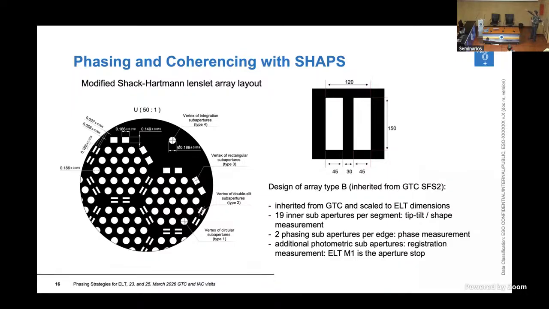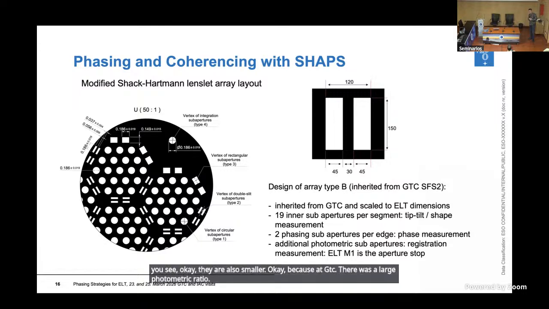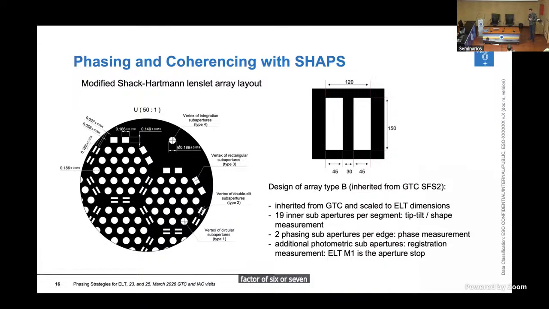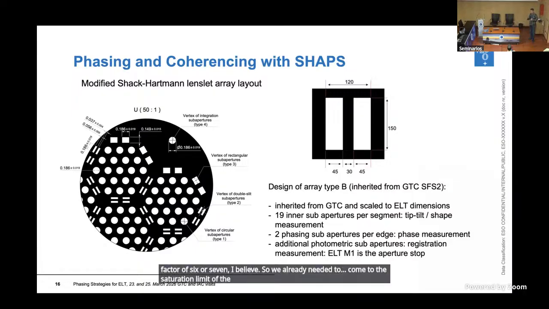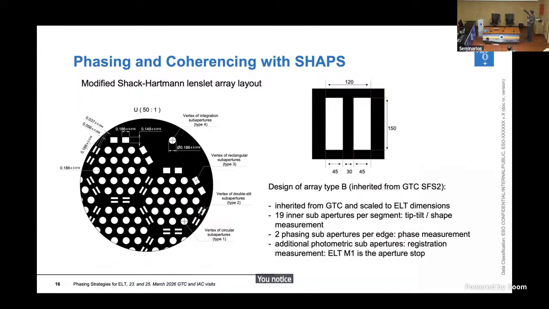You see, they are also smaller, because at GTC there was a large photometric ratio, a factor of 6 or 7, I believe. So we already needed to come to the saturation limit of the inner sub-apertures in order to get the phasing signal. You notice the phasing sub-apertures are the same as yours, exactly with the same dimensions.